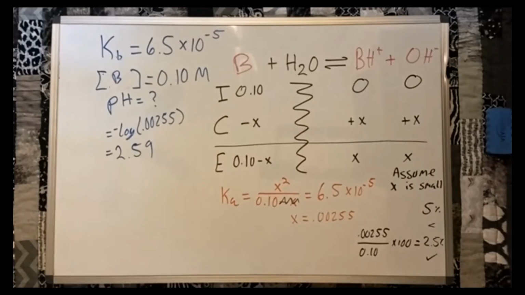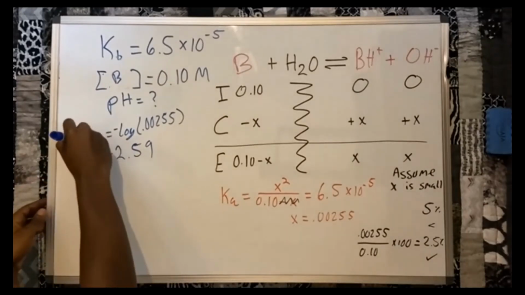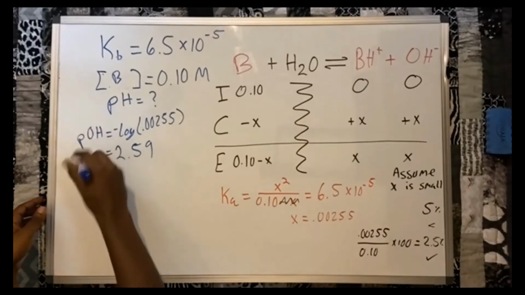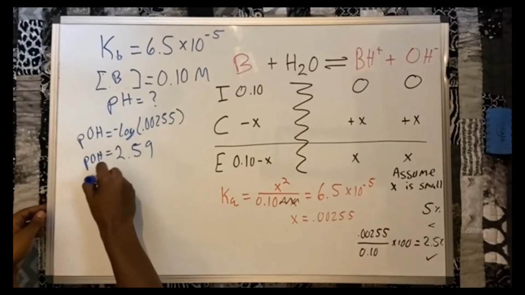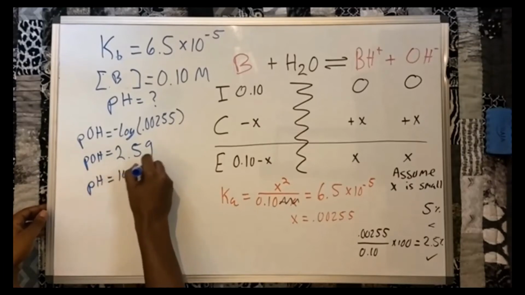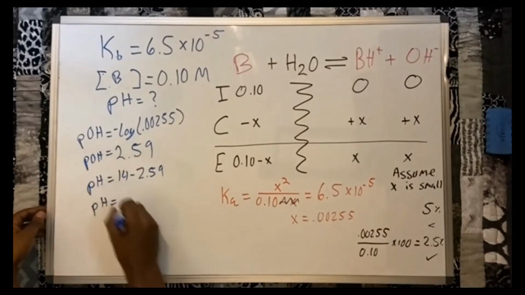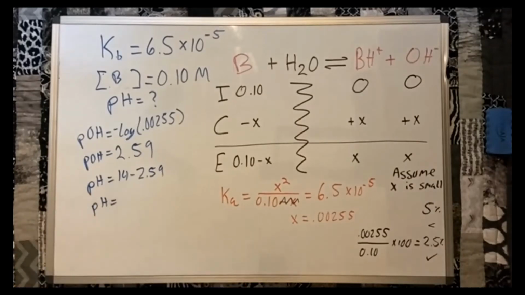That's the pOH. Then pH, like you said, is 14 minus that. pH is 11.41, something like that.